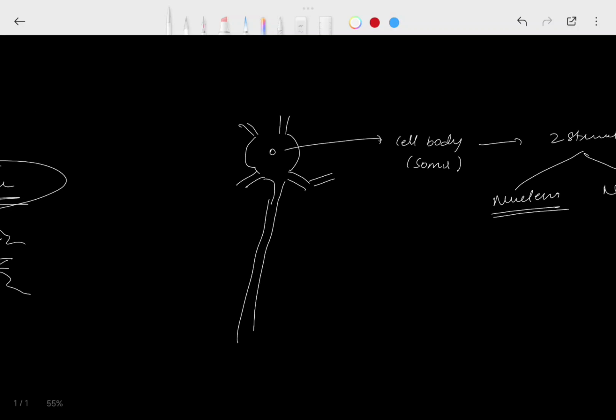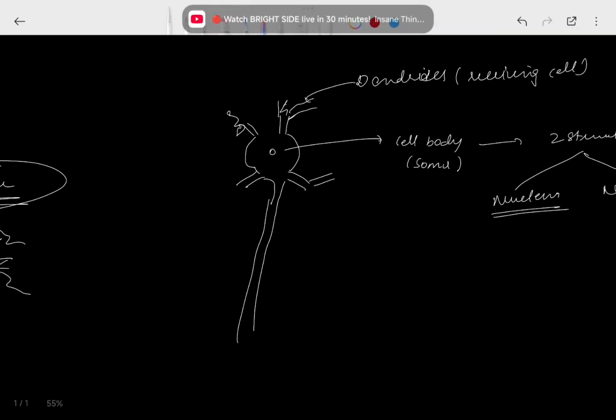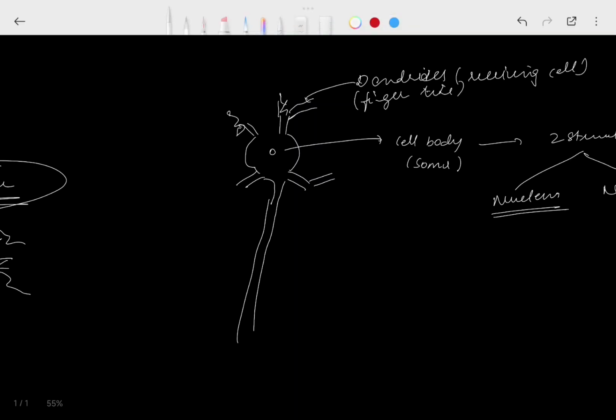Then it gives rise to several dendrites. Dendrites are finger-like projections and are the receiving ends of the neuron. And the next one is the axon.